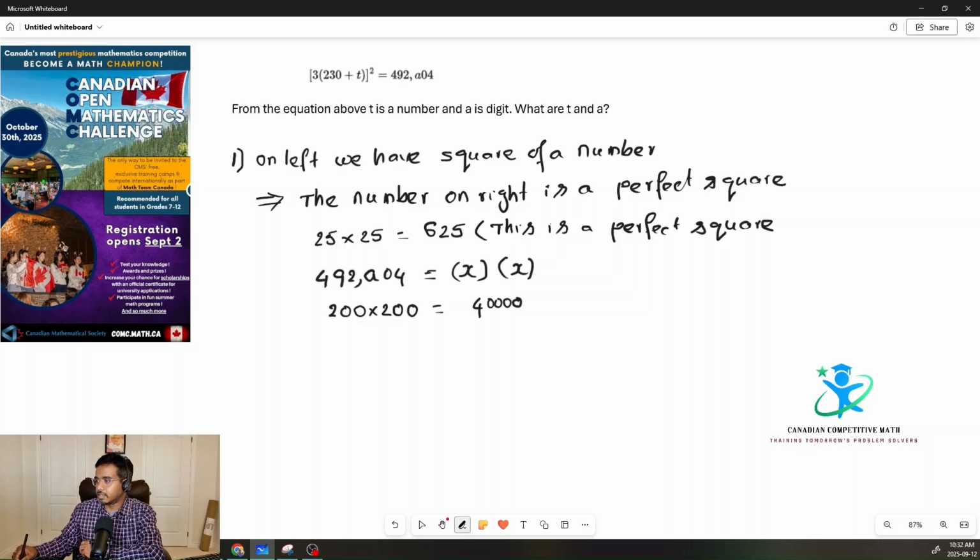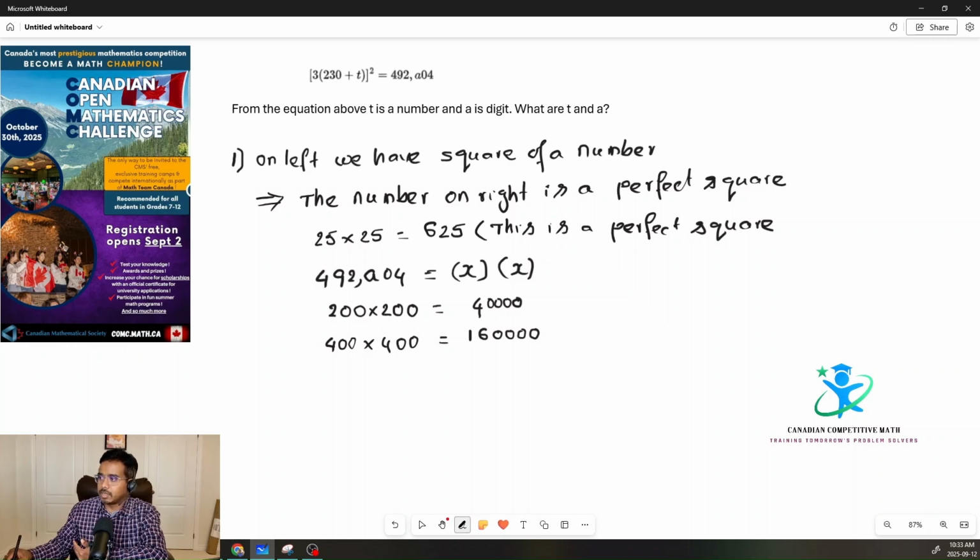If I keep increasing, let me go to 400 times 400. It gives me 160,000. So this has 6 digits, but it's not necessarily the number I'm looking for. 160,000 is less than 492,A04, so the number I'm looking for must be bigger than 400.